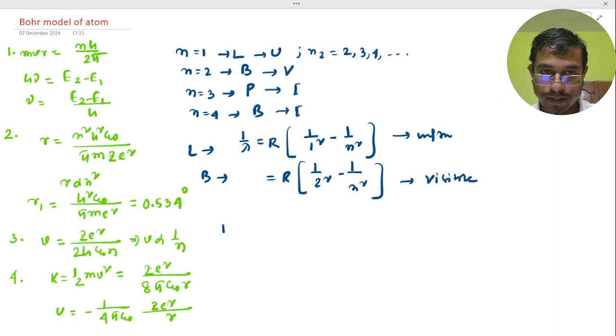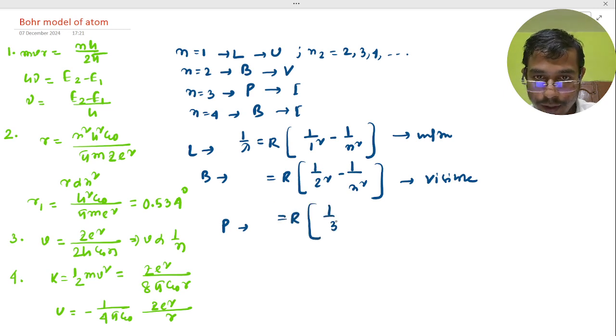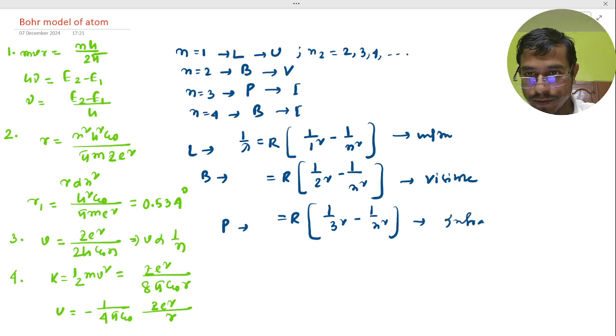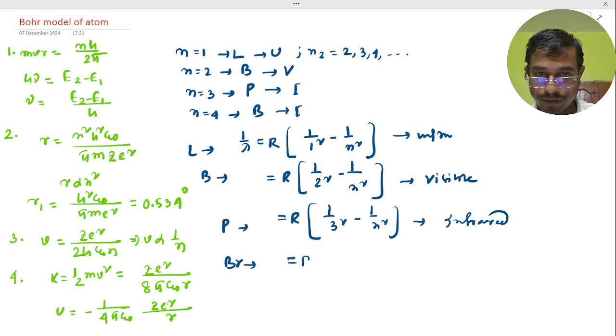The third case is Paschen. For the Paschen series, 1 by lambda is equal to R, 1 by 3 square minus 1 by n square, and this is for the infrared. The fourth one is the Brackett series. For the Brackett series, 1 by lambda equals R, 1 by 4 square minus 1 by n square.